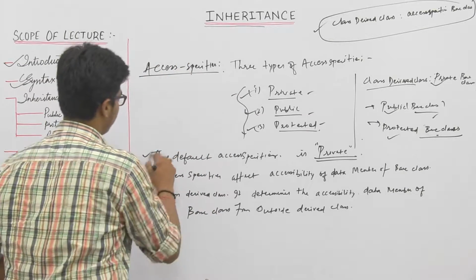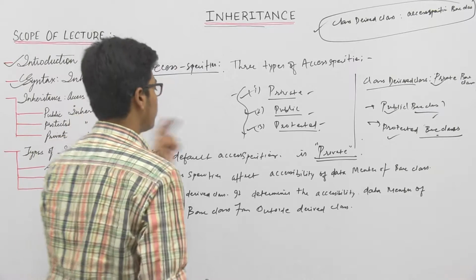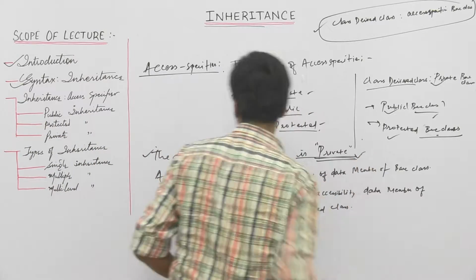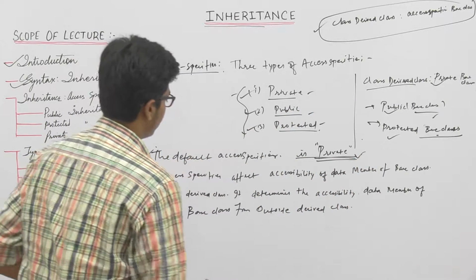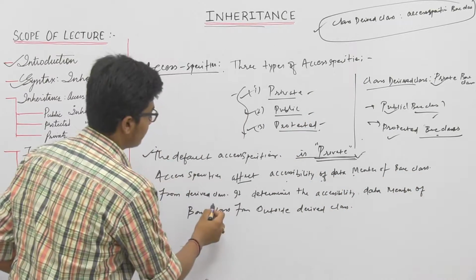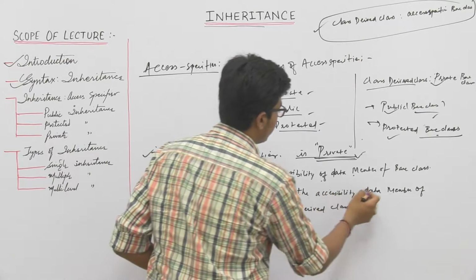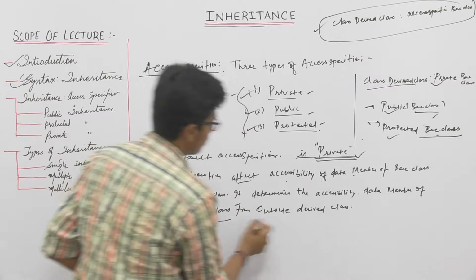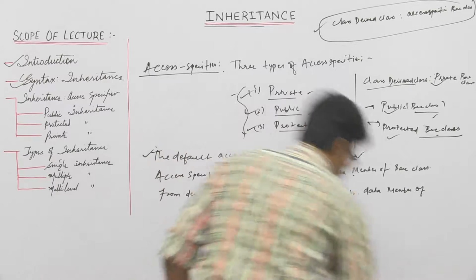By default, if you do not input any type of access specifier, the compiler takes it as a private access specifier. This access specifier affects the accessibility of data members of the base class from the derived class. It determines the accessibility of data members of the base class from outside the derived class.